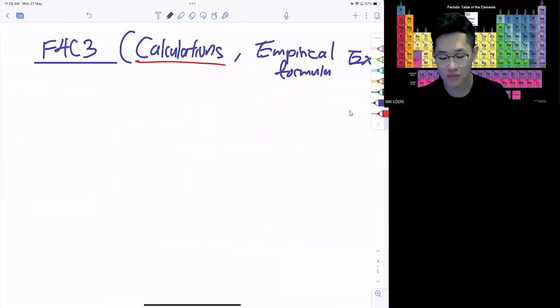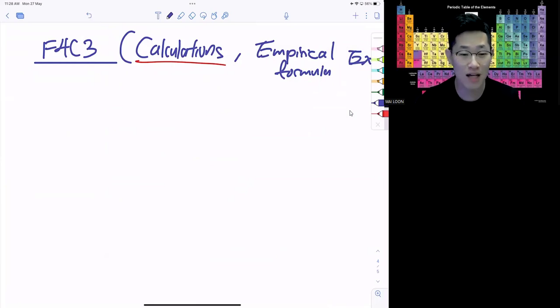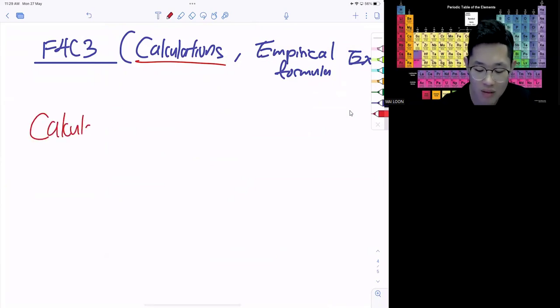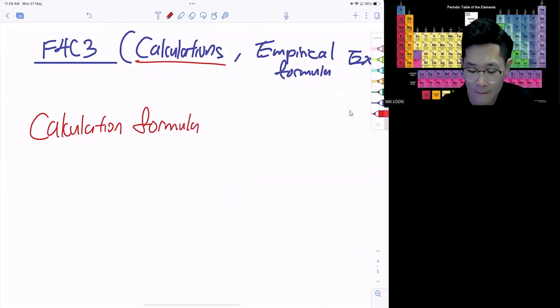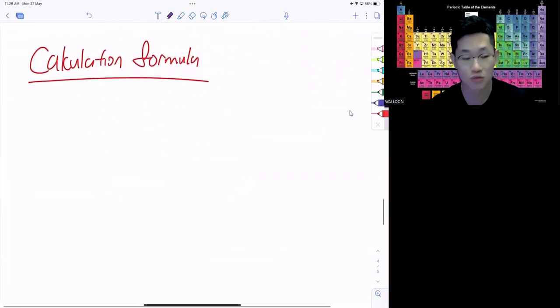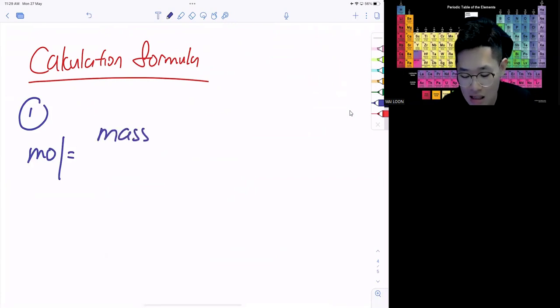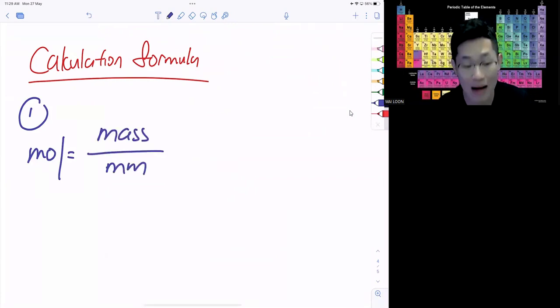First, you ask yourself, if you cannot do the questions, do you actually know the formulas you have learned? So to do calculation, the first thing is the calculation formula that you have learned. We have three: number one, mole equals to mass over molar mass.